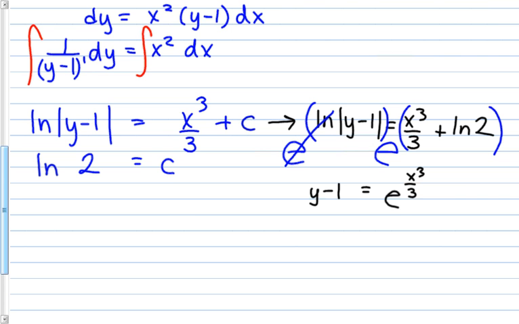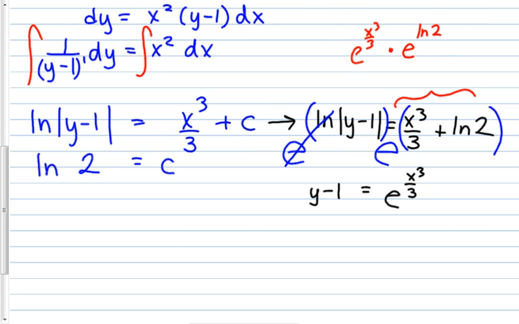and then remember, adding exponents means that I had the same base multiplying. So for example, I'll write it out. This right here is e to the x cubed over 3 times e to the ln 2.